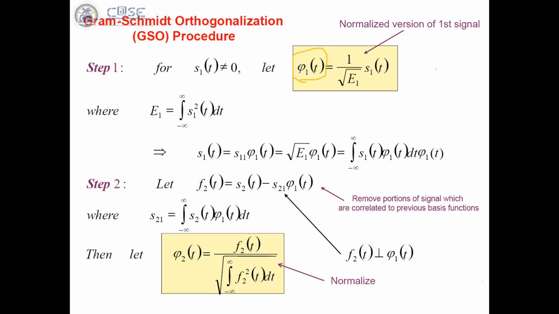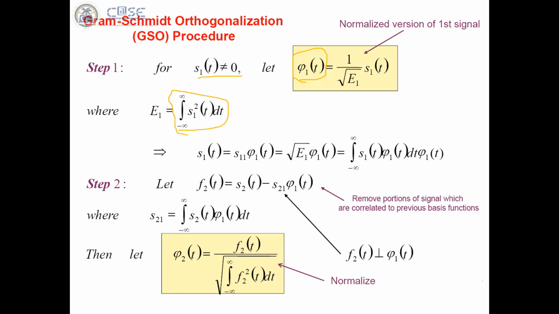This is the first step, which is very simple. That is, you select one of the signal types S of t out of the possibilities, provided that signal is not equivalent to 0, and normalize that result with the norm of its own energy, sorry, the norm of the signal, and get the first basis function out of it. You can calculate the energy of the first function easily using this formula, right?